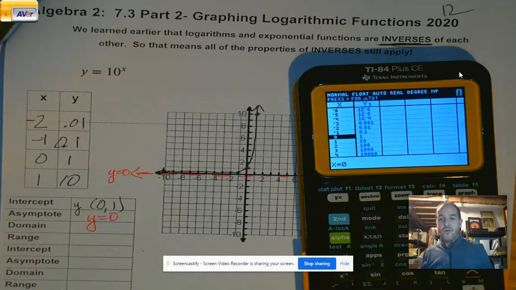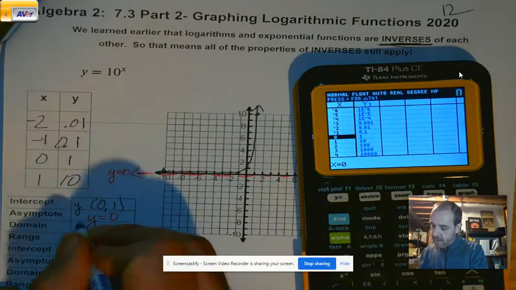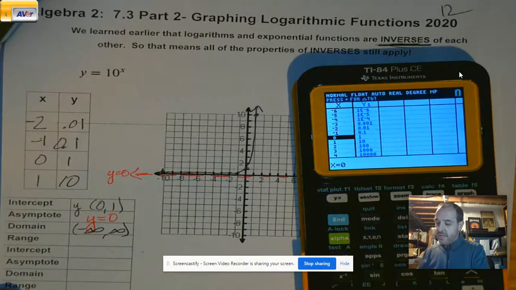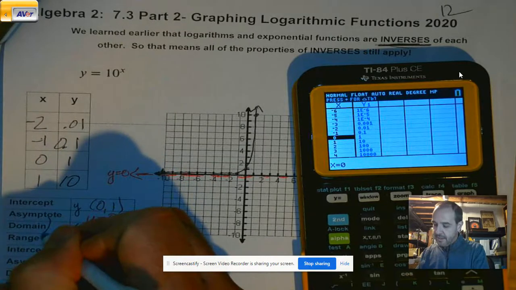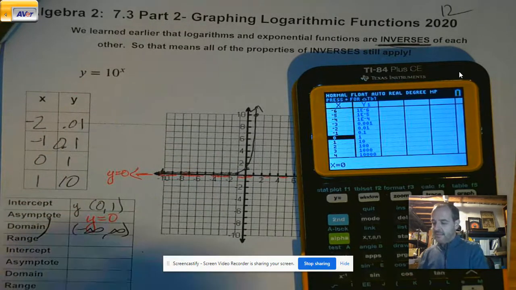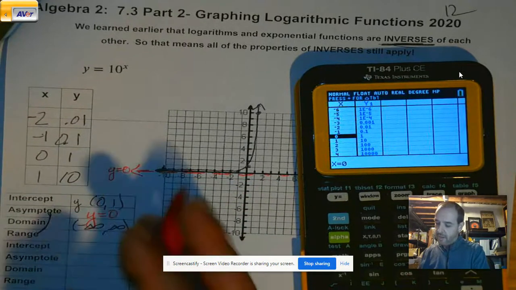Our domain, as we said before when we were doing our growth and decay functions, is forever left, continuing to stretch out forever right. Our range is going to directly connect with our asymptote. That asymptote's telling me where the lowest part of my range is. That y equals 0.